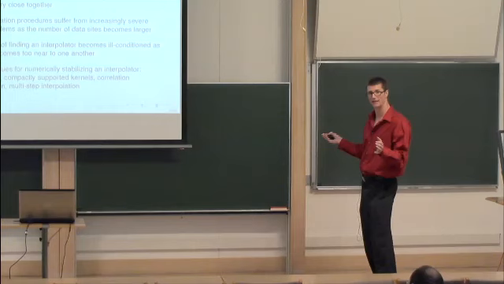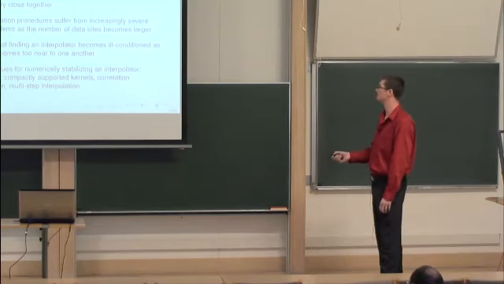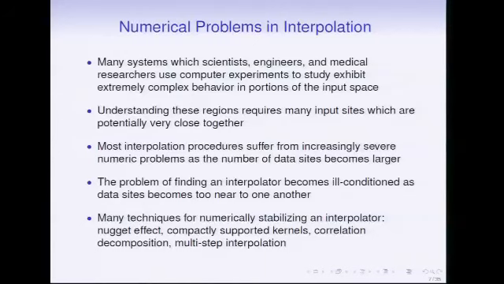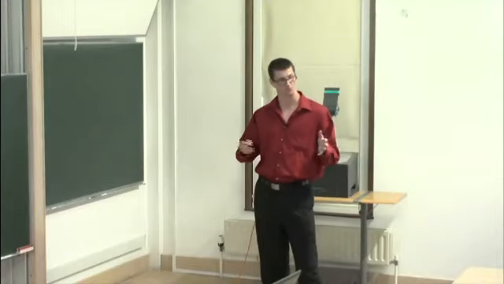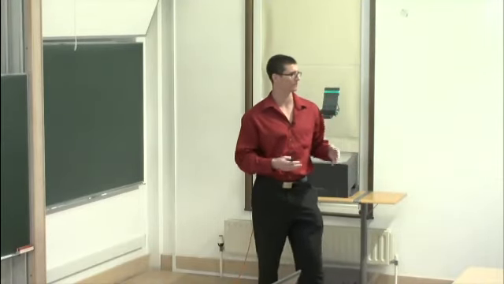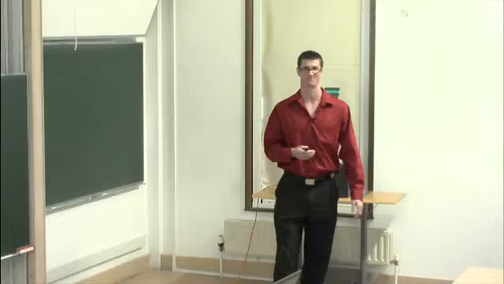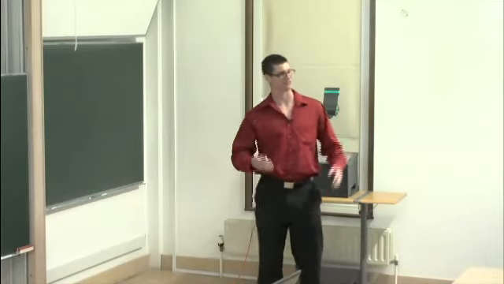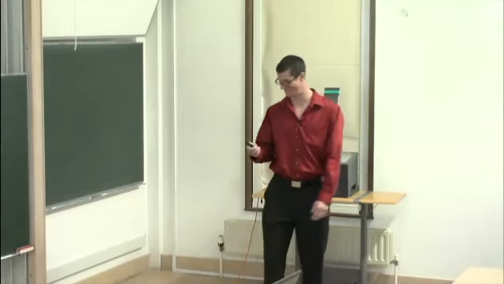There are a lot of techniques: nugget effects, compactly supported kernels, correlation decompositions. The technique that I explore is this multi-step interpolation, and it's not really meant to replace any of these other methods. It's just meant as a complement to them.